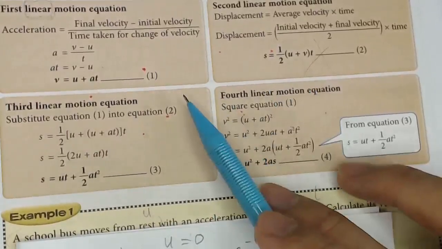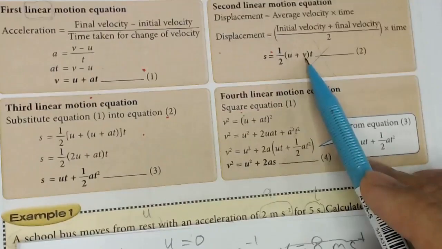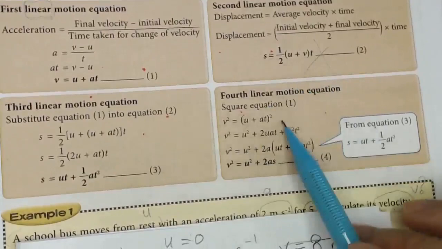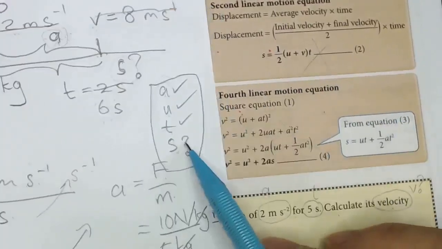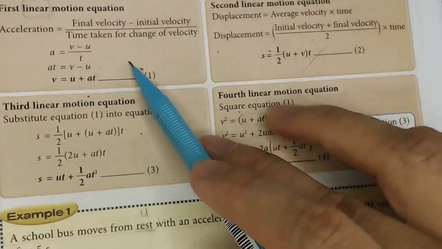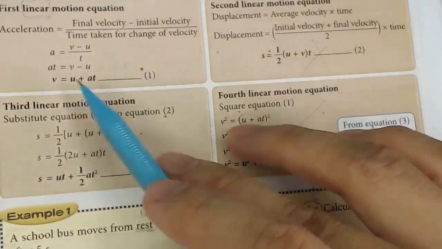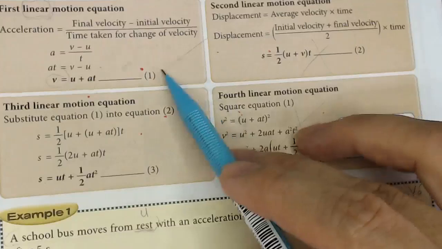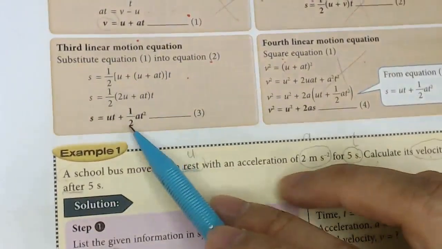Sorry, this cannot be used because we have no V. So both cannot be used because we have no V. The only thing that is left for us is this.